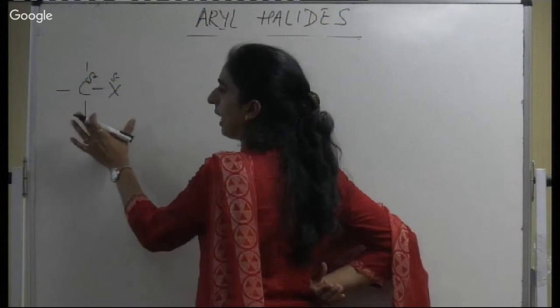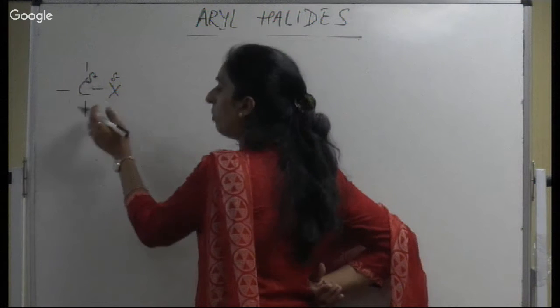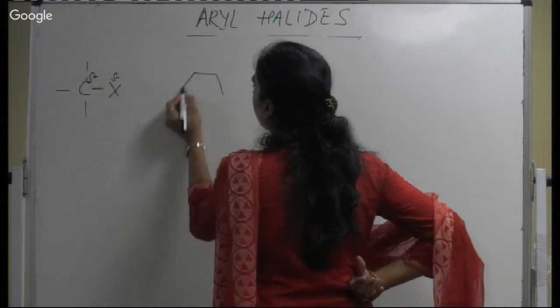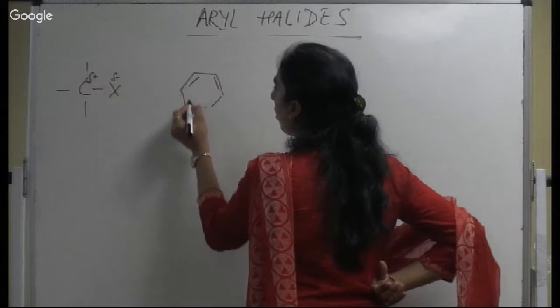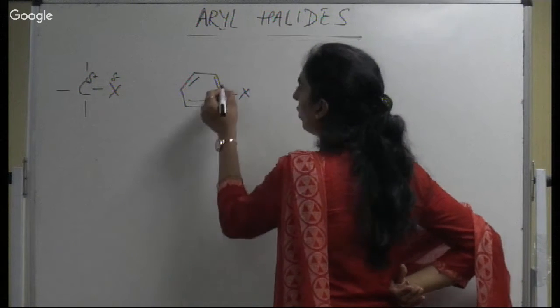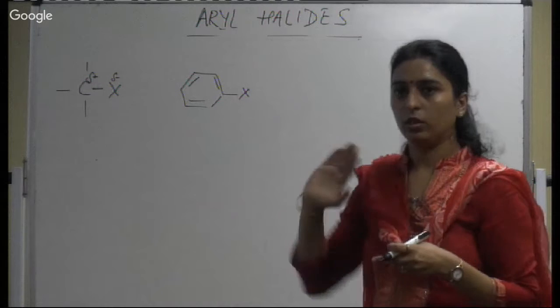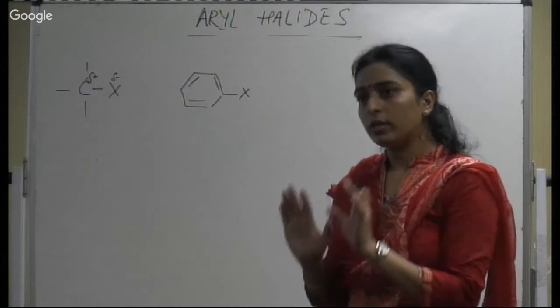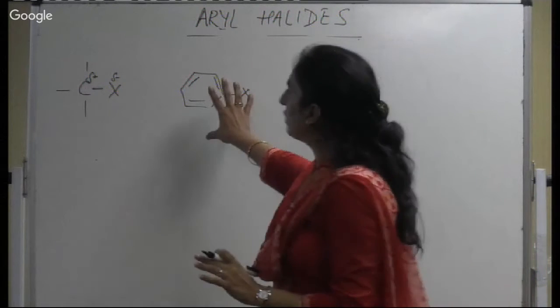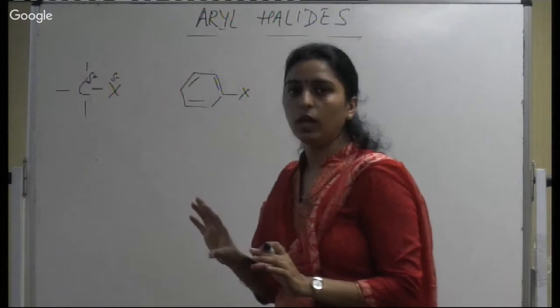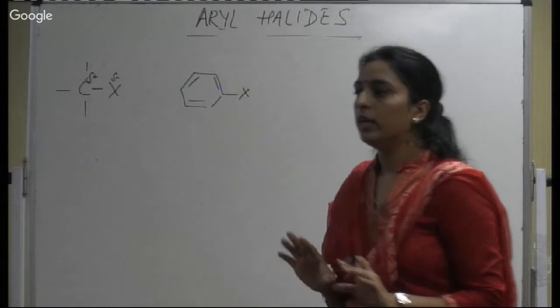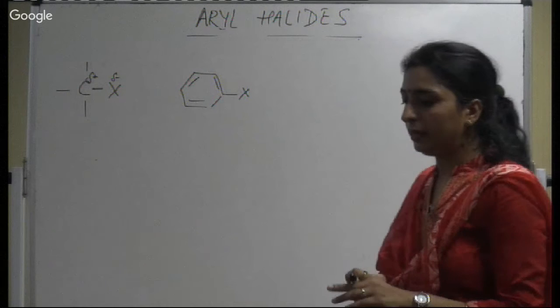In the case of alkyl halide, the polarity is more, but in the case of aryl halide, the properties are different because of some reasons we'll be discussing later on in the chapter. I'll tell you why aryl halides behave differently in comparison to alkyl halides. Okay. Now let's move on to the preparation part.